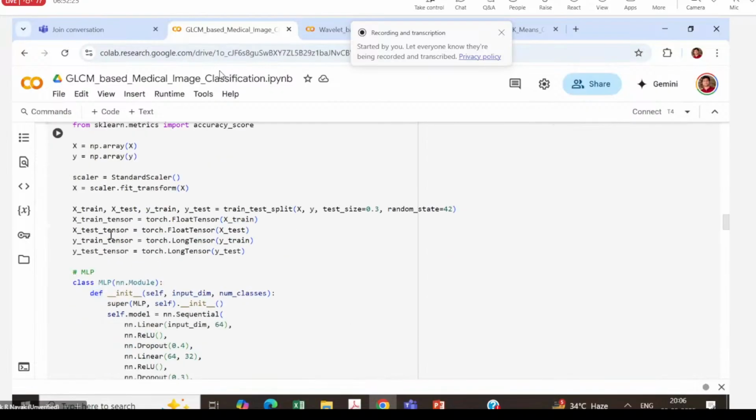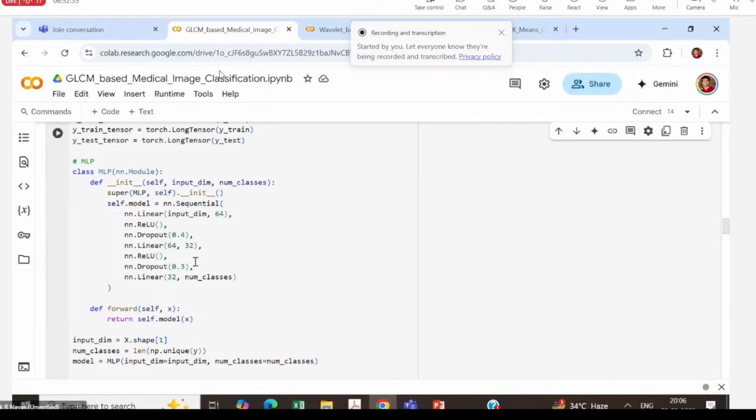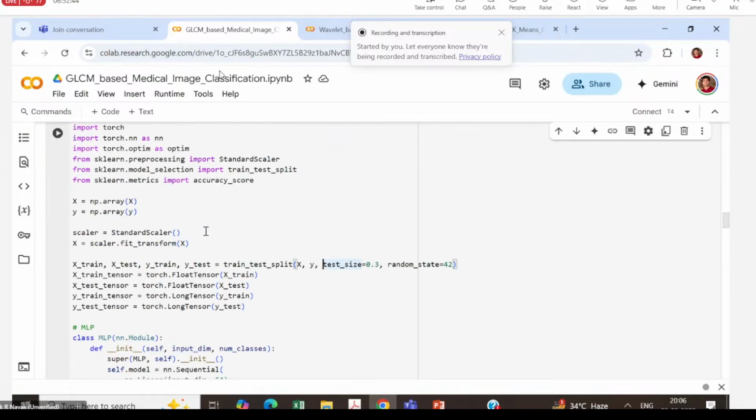Fine. Then there is the code for train test split. No problem. I'm just giving it 0.3, meaning test will be 30% and training will be 70%, nothing else. And then the implementation of the multi-layer perceptron or the traditional neural network, which I've already shown you. You can directly use the functions available from scikit-learn.